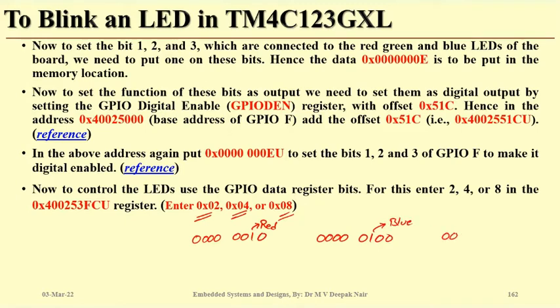And then 0000 1000, this is our green LED. Okay, so depending on your choice, whichever LED you want to glow, you can pass 02 for red LED, 04 for blue LED, 08 for green LED.